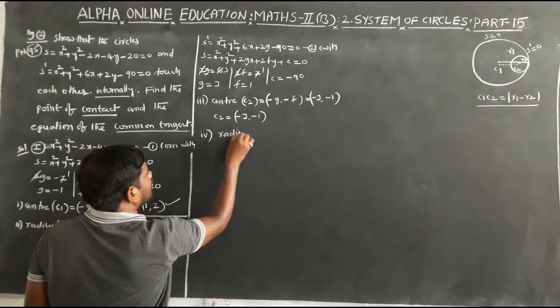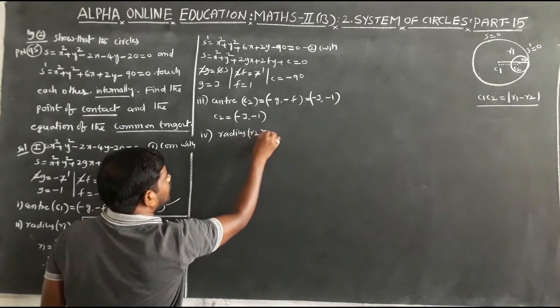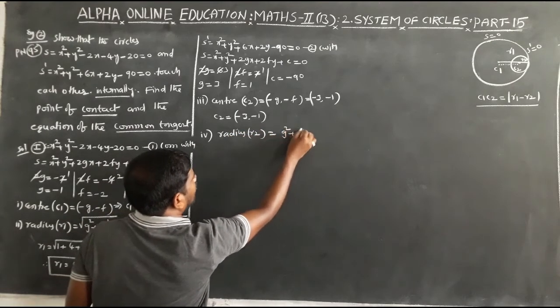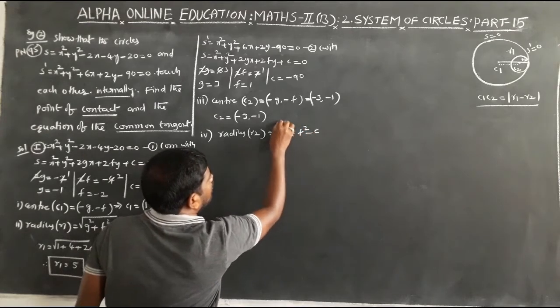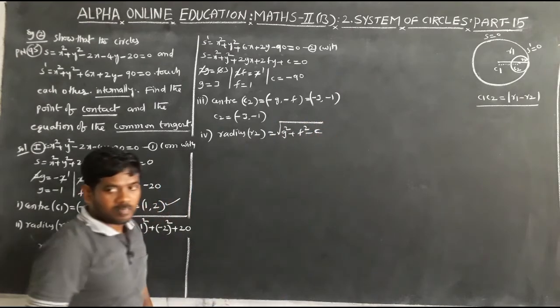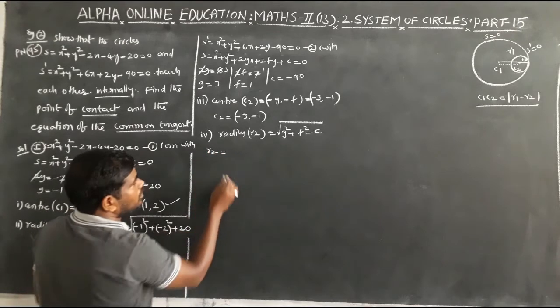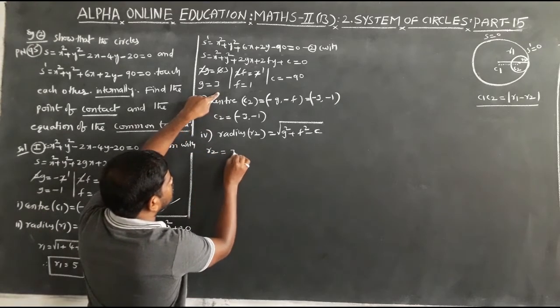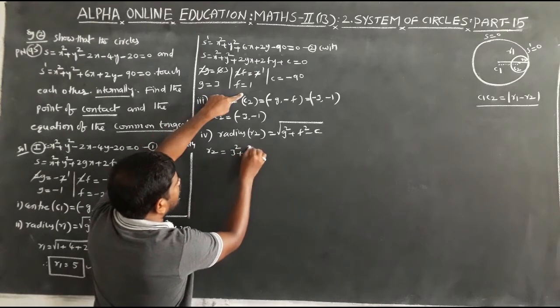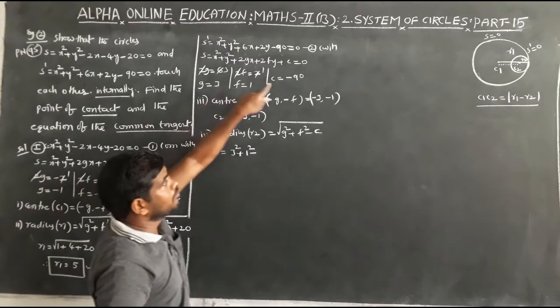Fourth, the radius of the second circle. R2 = √(g² + f² − c) = √(3² + 1² − c).